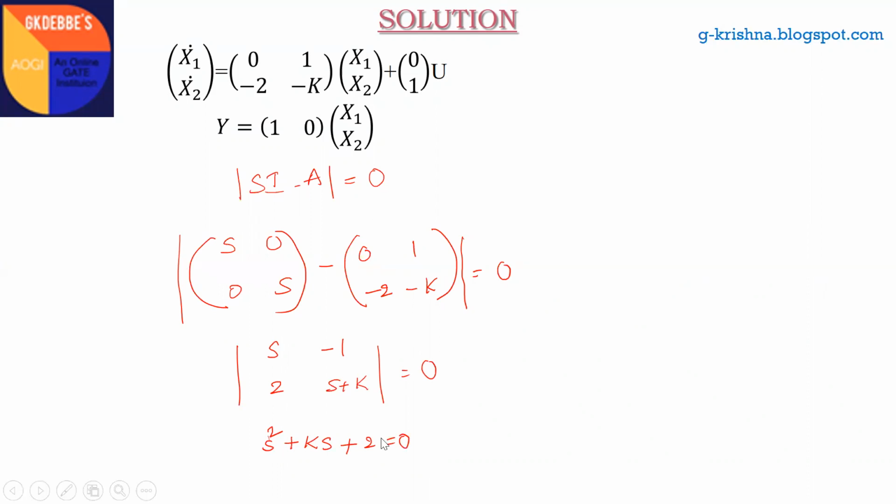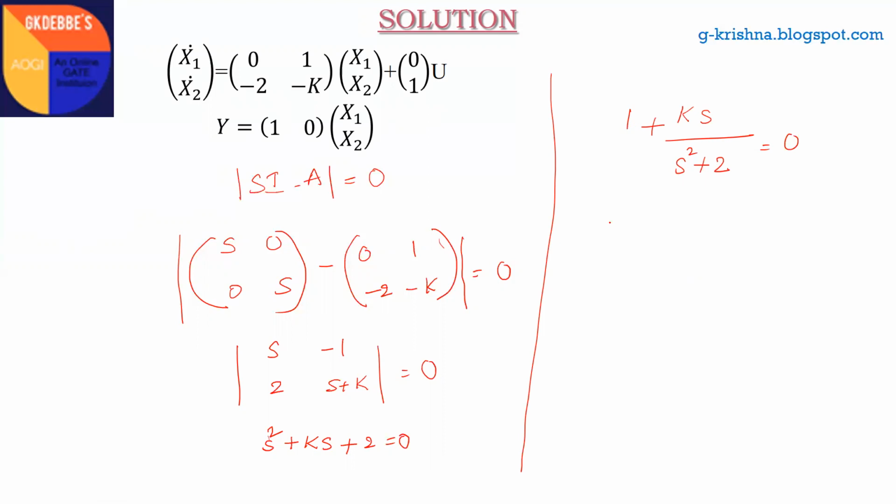Now this characteristic equation we have to keep in the standard format of 1 plus G of s equal to 0. In that G of s, only the variable parameter K should be located in the numerator part. So we can write the characteristic equation as 1 plus Ks by s square plus 2.